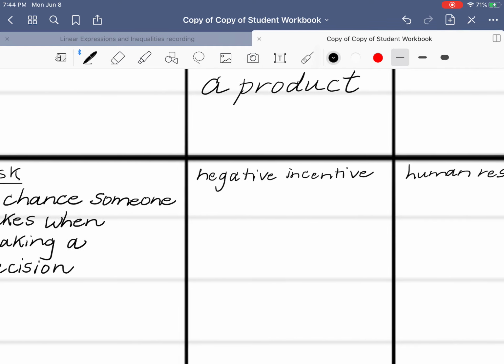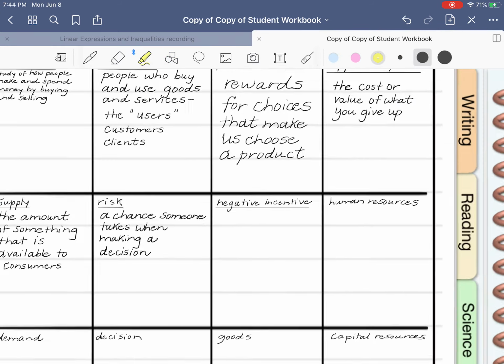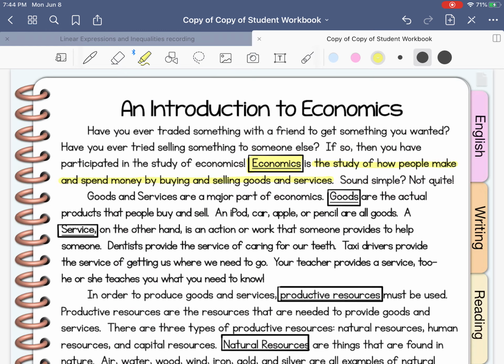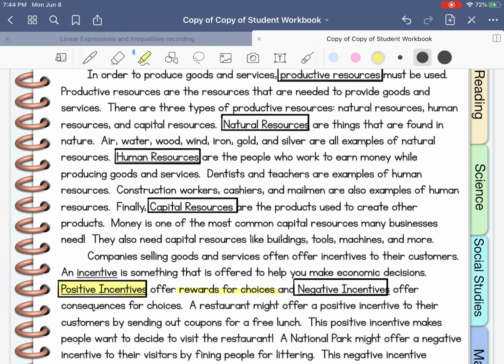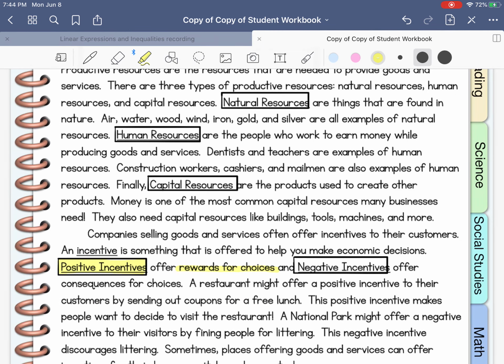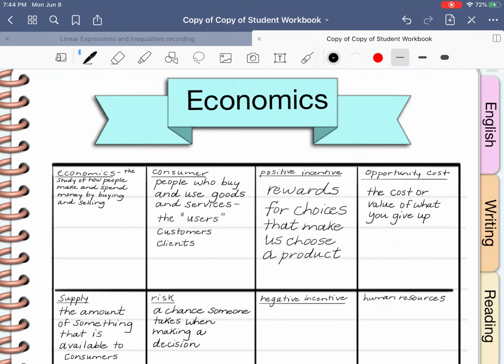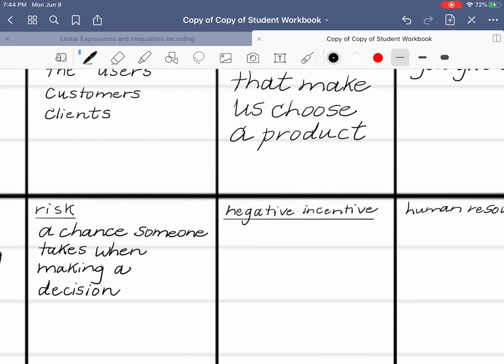A negative incentive. There's a synonym for negative incentive that comes to my mind, and I'll share it with you. It's actually in the text. A negative incentive. Negative incentives offer consequences for choices or punishment for doing a certain thing. So the word that I was looking for is consequence.